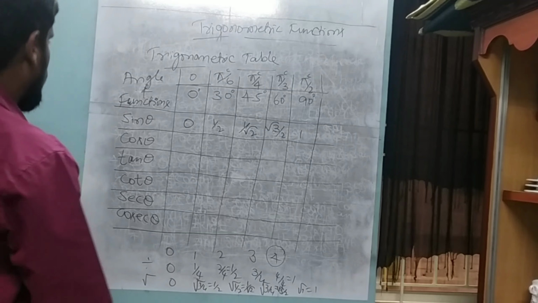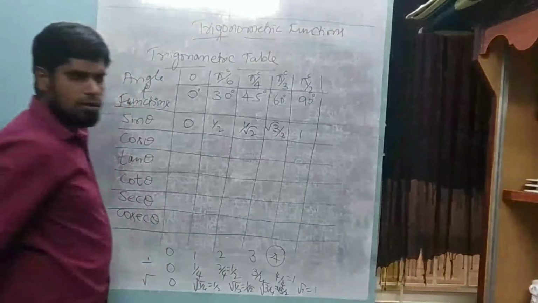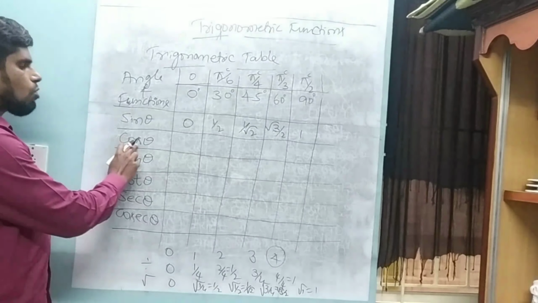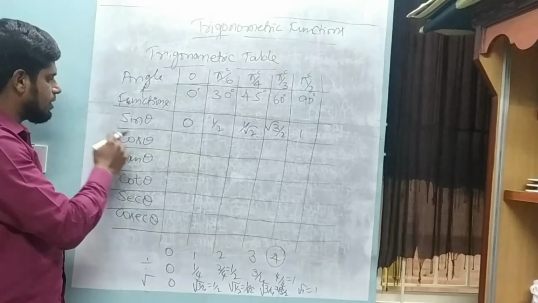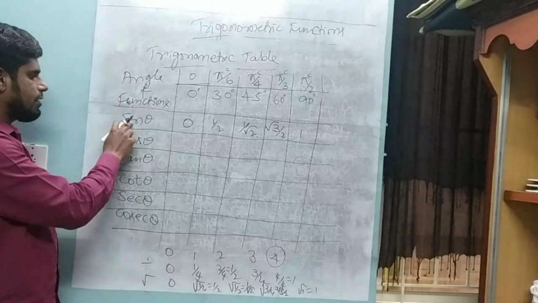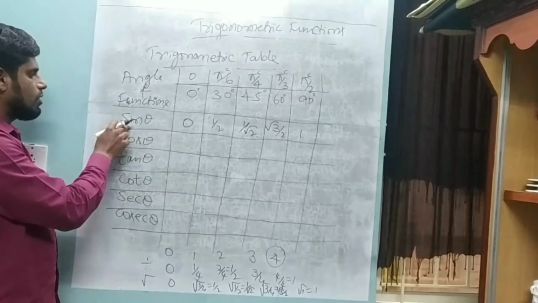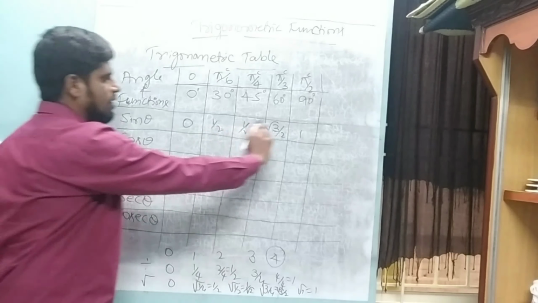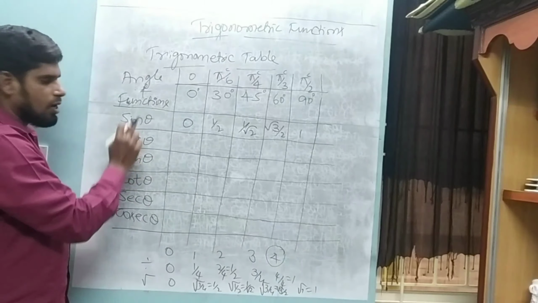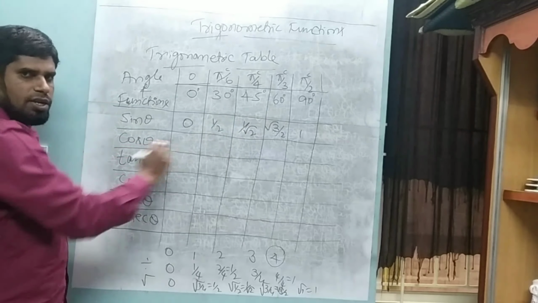After sine, it is cos. As we discussed previously, cos is co of sine. So I will reverse these values because ratio and co-ratios are just reverse.